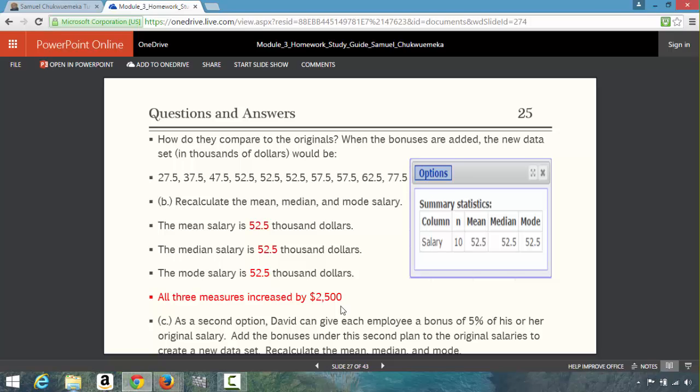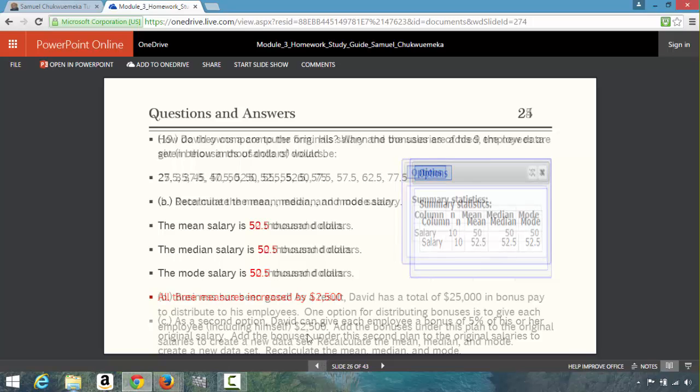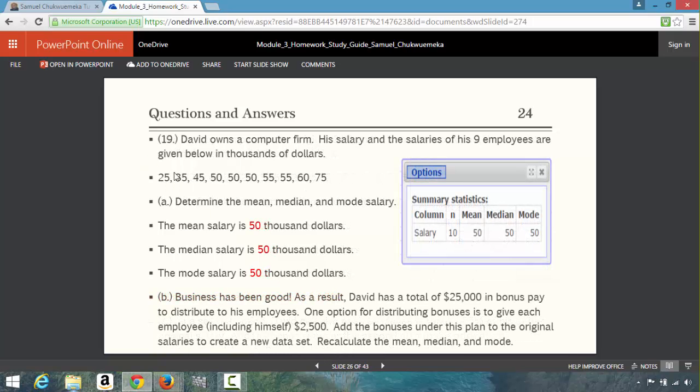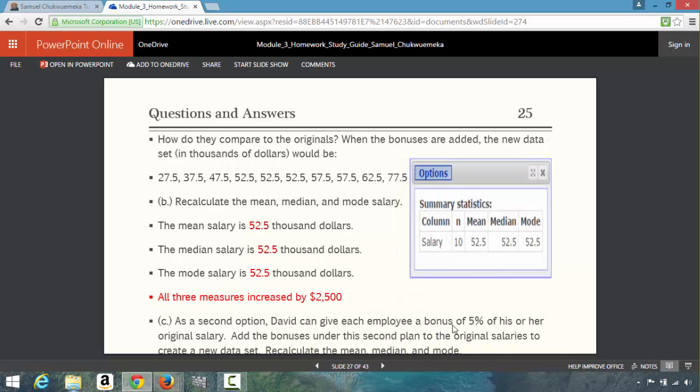As a second option, he decided to give each employee a bonus of 5% of his or her original salary. So the original salaries are these. He can give a 5% bonus.